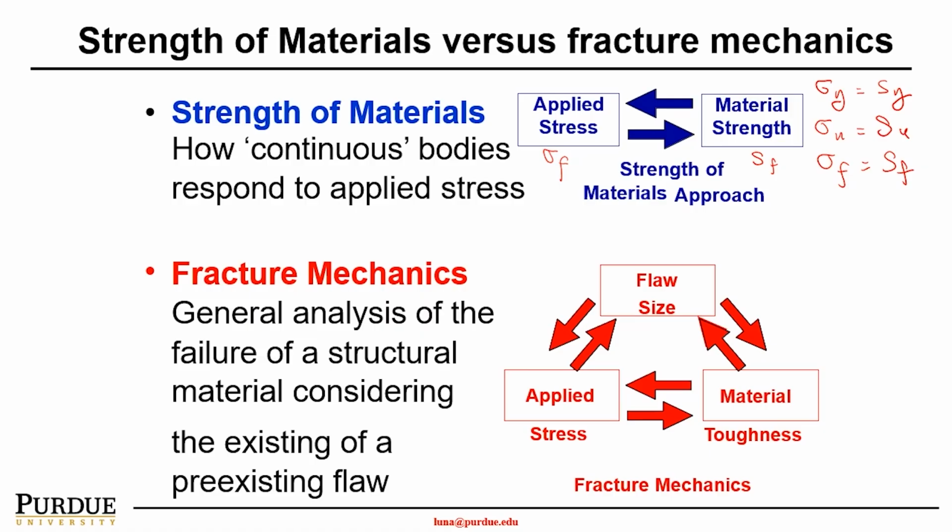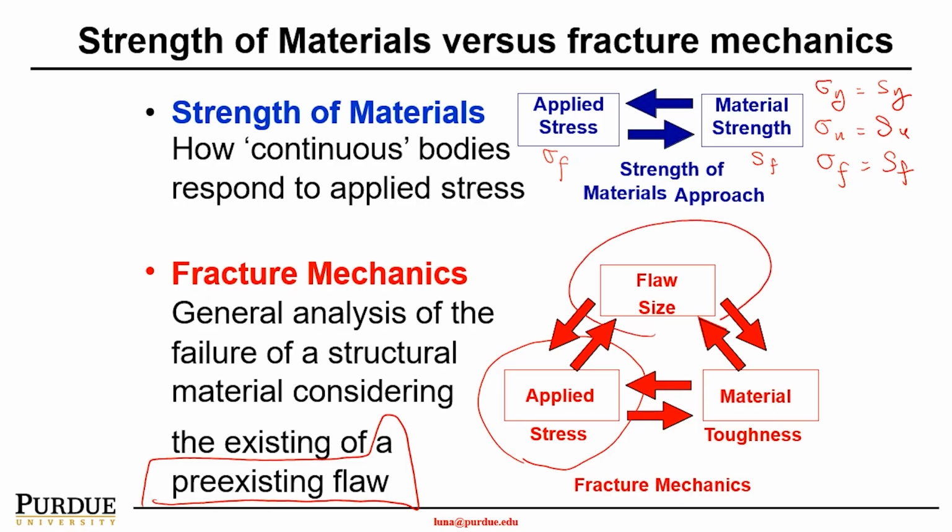However, in fracture mechanics, we need to consider a pre-existing flaw, which is the case in most real-life situations. So therefore, there are three important parameters. We have to look at the applied stress: what is the applied loading condition? Then we have to consider the existing flaw: what is the flaw size, the flaw geometry, and where the flaw is located.